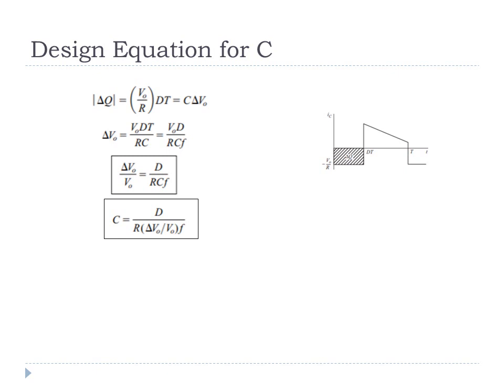So kindly note that the switching frequency is in the denominator, and in the case of the inductor also it was in the denominator. If the switching frequency is high, lower values of capacitor and inductor are required.